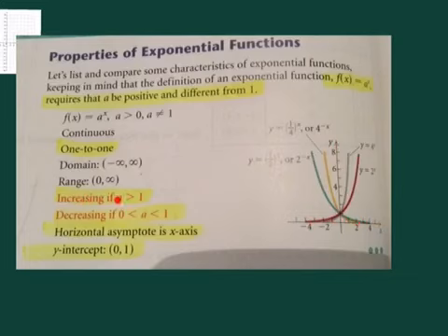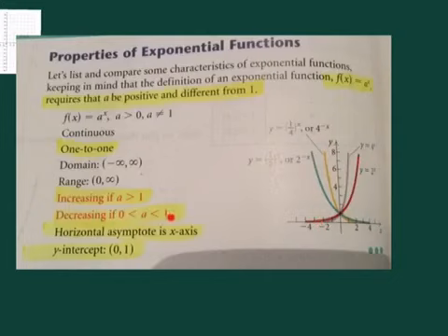Increasing if a is greater than 1. If a is greater than 1, that means from left to right it will go up, like this one here, and like this one here. See, this one has a 2 and this one has a 4. So if the base value, this a right here, is bigger than 1, it's going to increase from left to right.